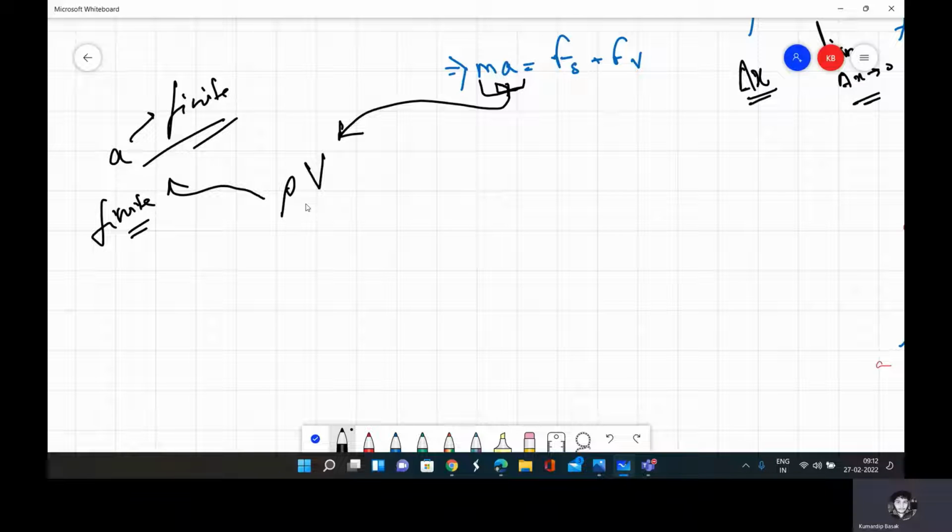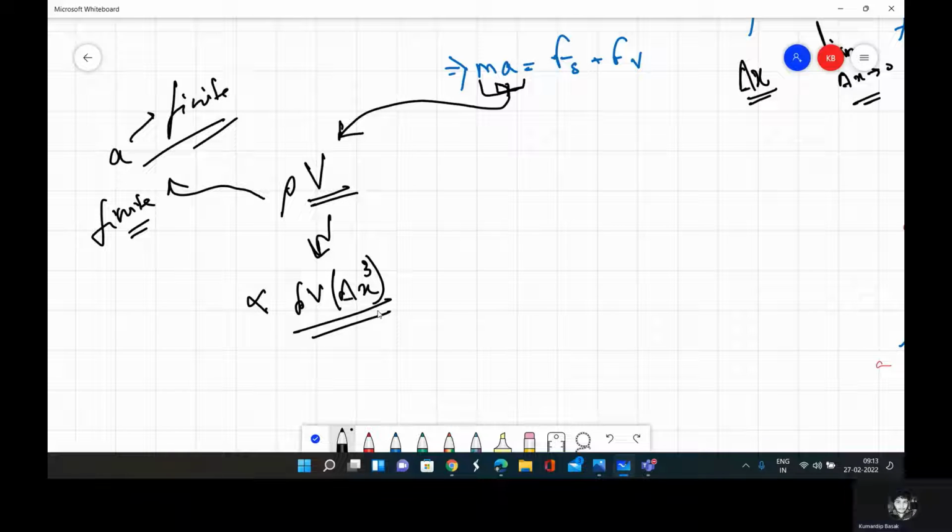Now what is this volume? Volume, as you can understand, is simply proportional to that volume element delta V, which is of the order of delta x cube. Any volume element is in the cubic order of the linear dimension.